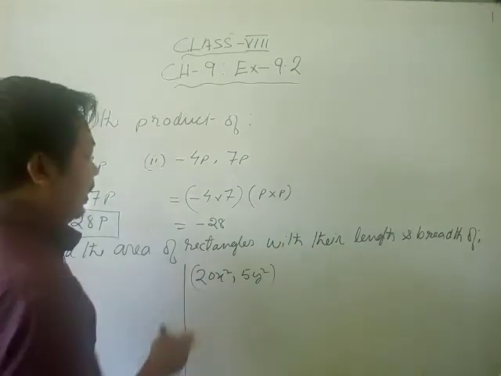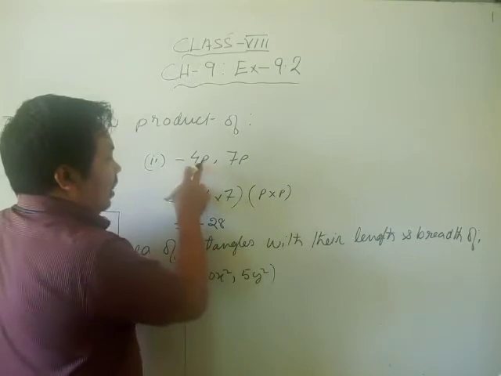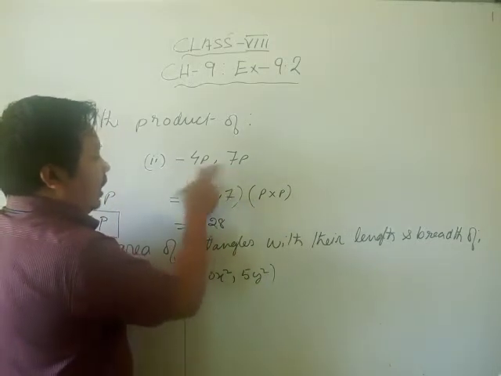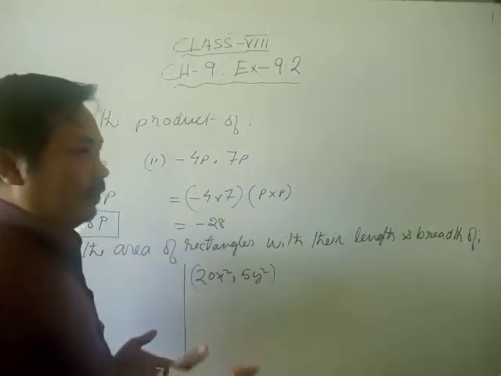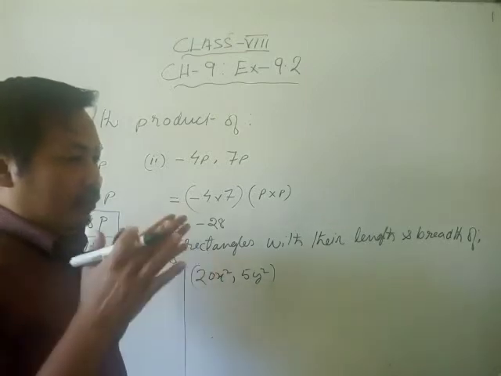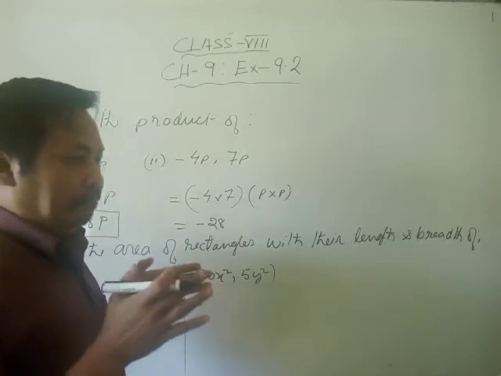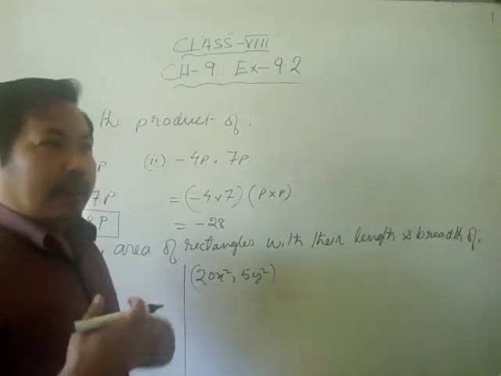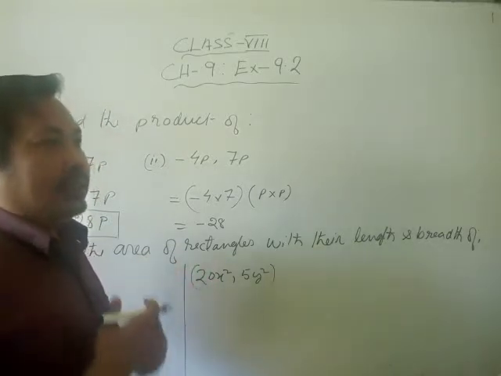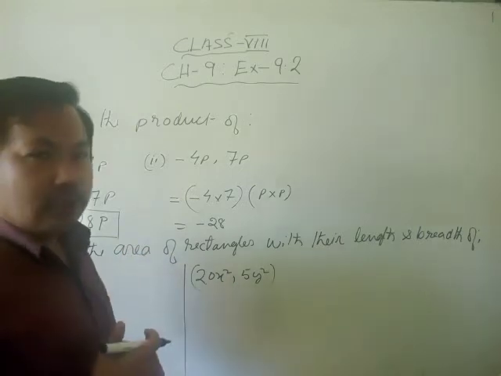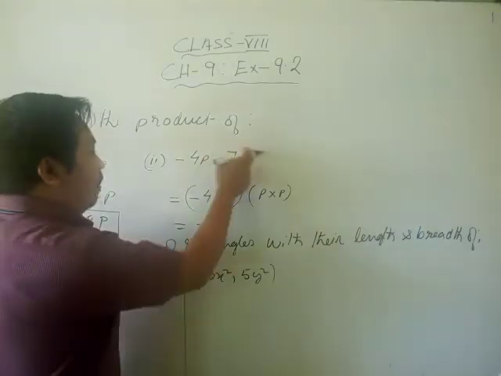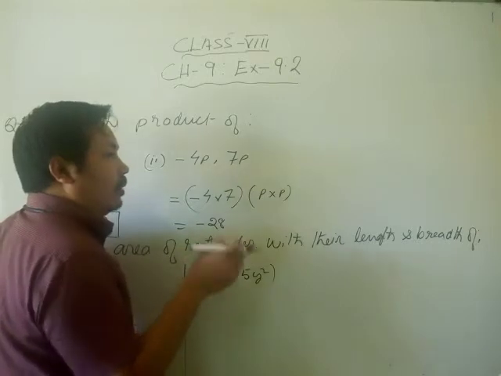Then in the case of these two letters, you will find both have the same letter, p and p. So p and p are multiplying. The same terms are multiplying here, so just remember the rules of powers and exponents. If you multiply the same base, then their powers are to be added. They each have power one, so the power will become 1 plus 1, 2.